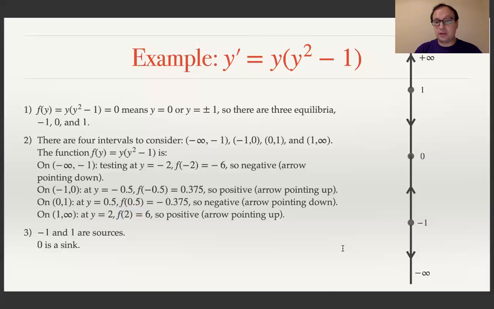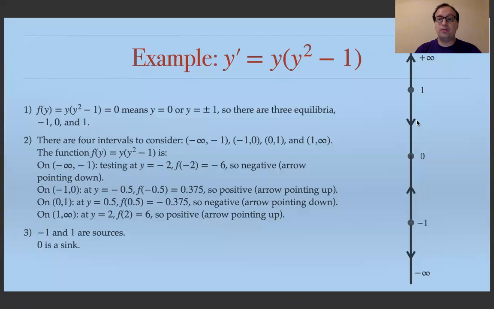So now let's actually plot the arrows on each interval. On the first interval, there should be a downward pointing arrow because we had a negative value. On the second interval, it's an upward pointing arrow because we had a positive value, 0.375. On the third interval, it's a negative value, so it's a downward pointing arrow.